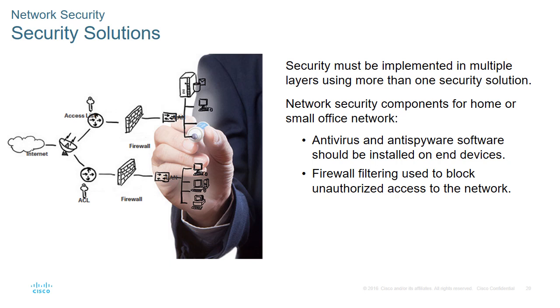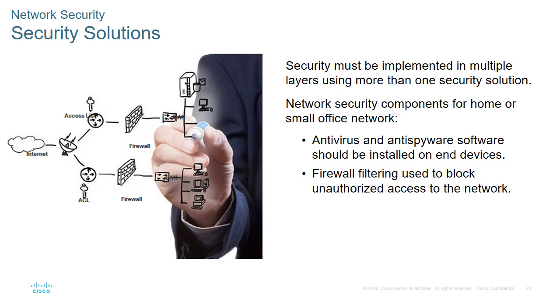For example, for the network security components of a home or small office network, we can use antivirus and anti-spyware software. This type of software is installed on the end devices. Antivirus and anti-spyware software are used to protect the end devices connected to the network.